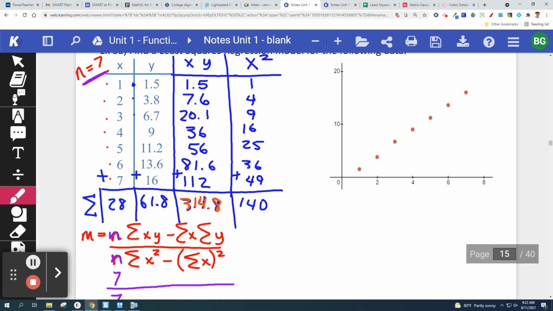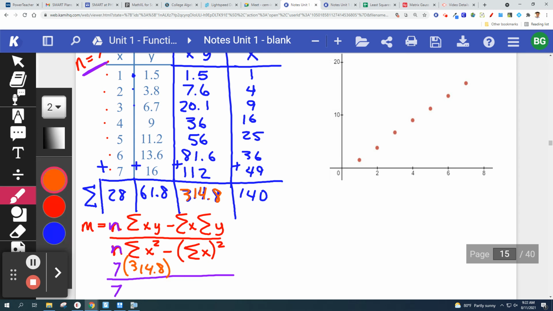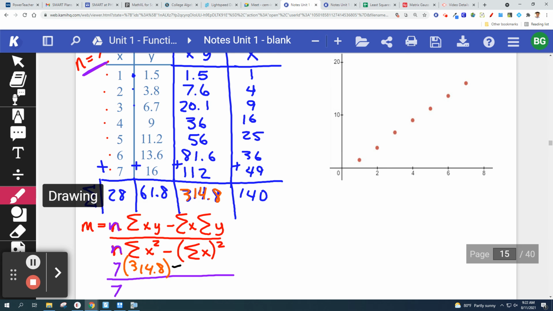That's the sum of that column. So I'm going to put right here 314.8 minus sigma x.